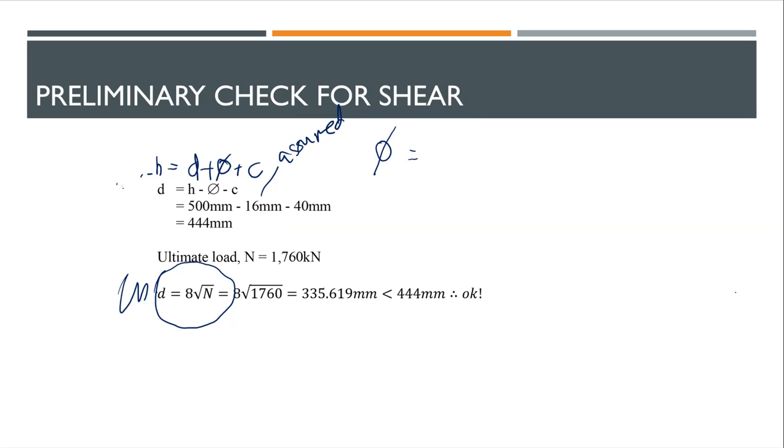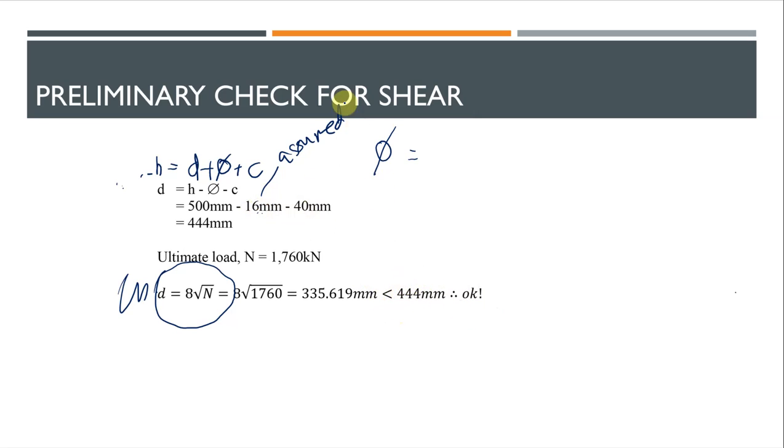It can be confusing because these are not really symbols, more like abbreviations. We name N, it can be anything, but here it refers to ultimate load. So square root of 1760 times 8, you get 335.619 mm, which is less than this value 444.